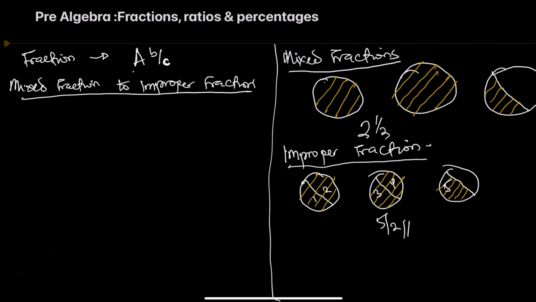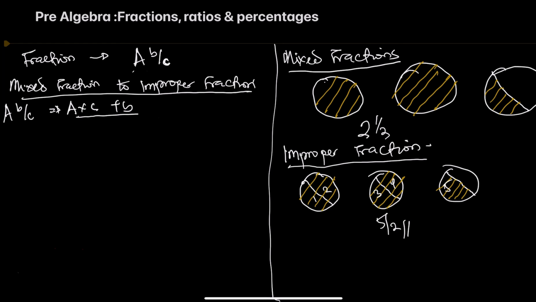If we want to convert a mixed fraction to an improper fraction, this is the formula. The formula states A times C plus B, where we're using the model that we already had before. So this is the model: A, B all over C.